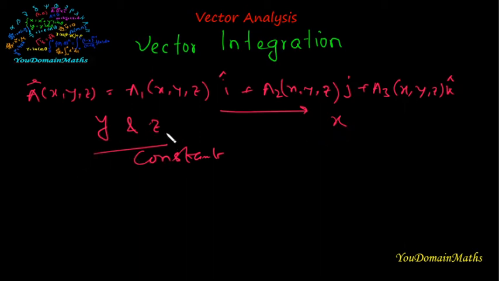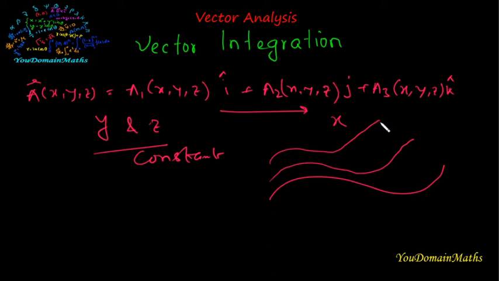For any value of z, this is a curve; another value of y is another curve; another value of y and z is another curve.